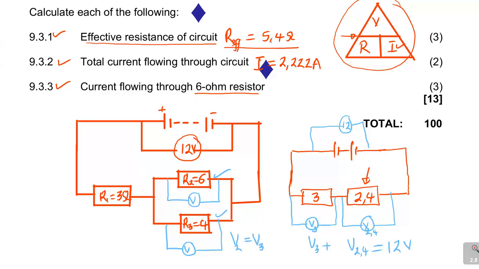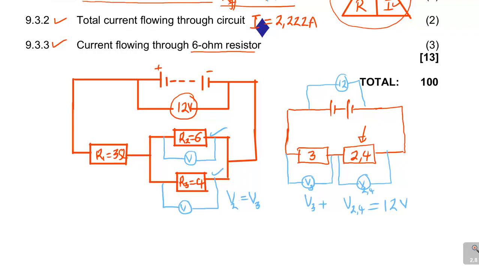So voltage across parallel resistors is the same, and voltage across series resistors you add to equal the total voltage of the circuit. I can use that information to calculate. So what am I trying to say?